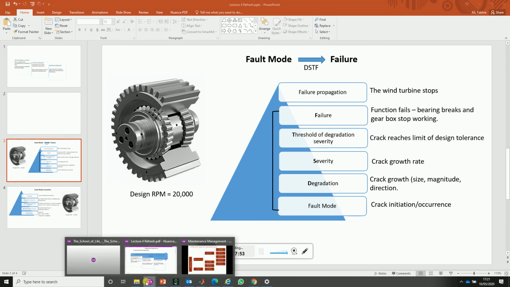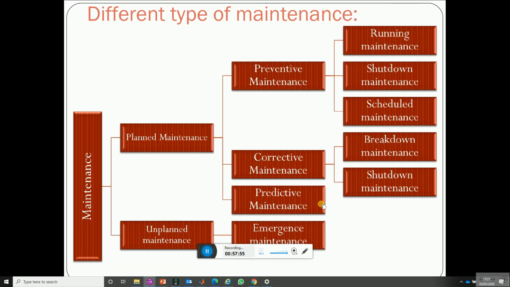So that's called predictive maintenance, which is based on collecting real-time data from the subsystem components that provides you the indication of health state of that subsystem.